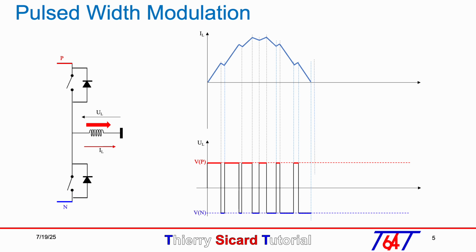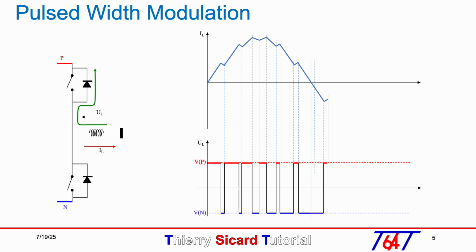When zero current is reached, the lower switch is closed and the coil is connected to the negative voltage Vn. With the negative voltage across the coil, the current slope is negative. When the lower switch is open, the coil current continues to flow through the upper diode, creating a positive voltage across the coil and a positive current slope.